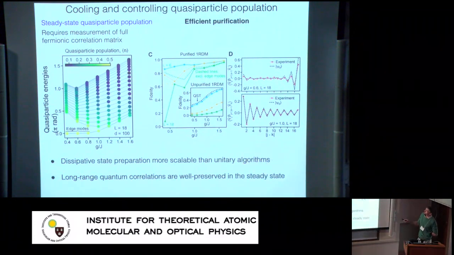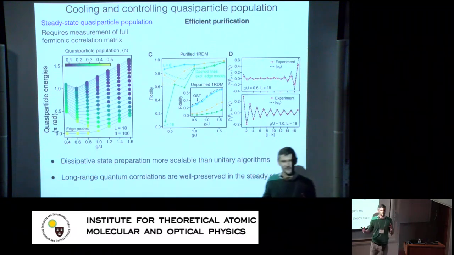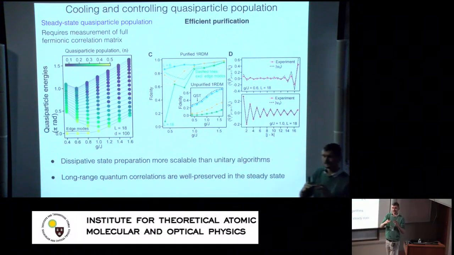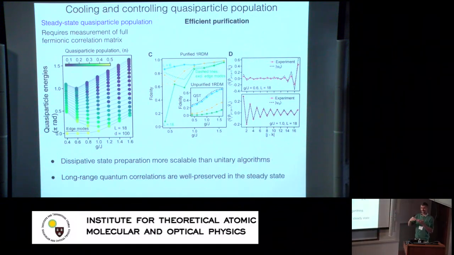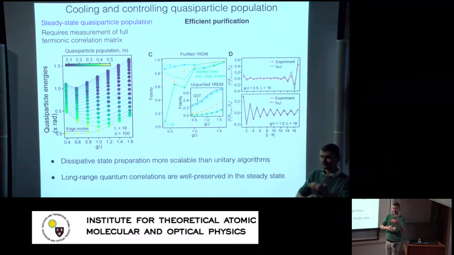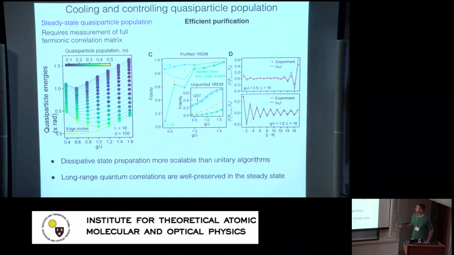And here's a demonstration of that. After this post-processing, we find the eigenorbitals and declare that if the population was below 1/2, it is 0, and if it was above 1/2, it is 1. What you end up with is very good fidelities, above 90% for a system of about 20 qubits.